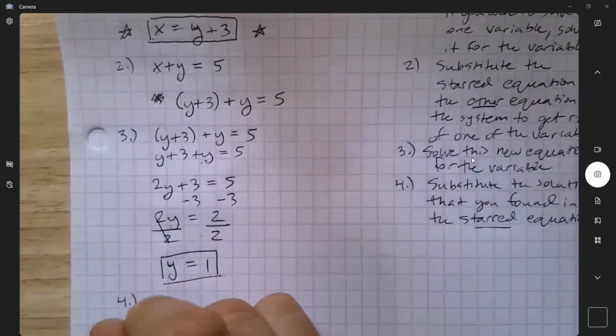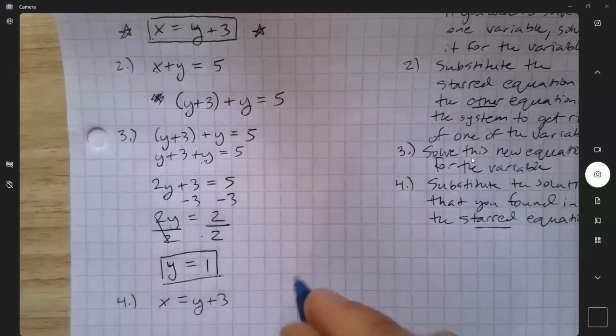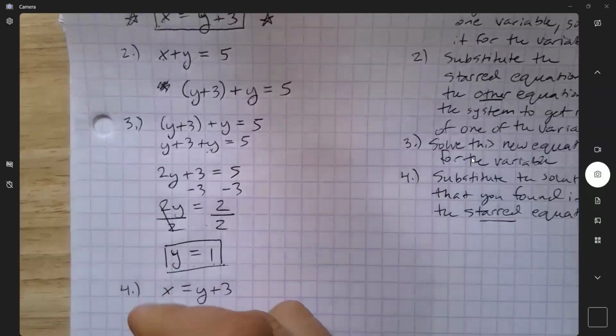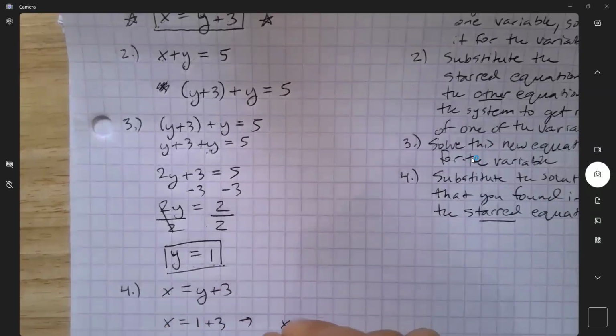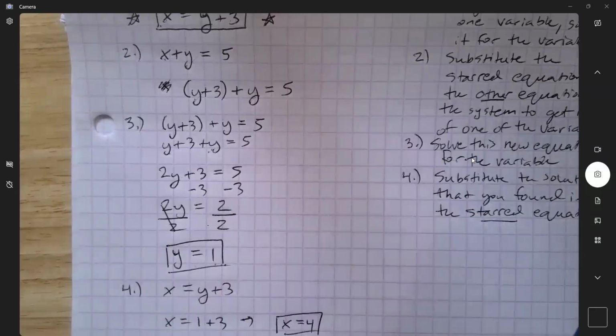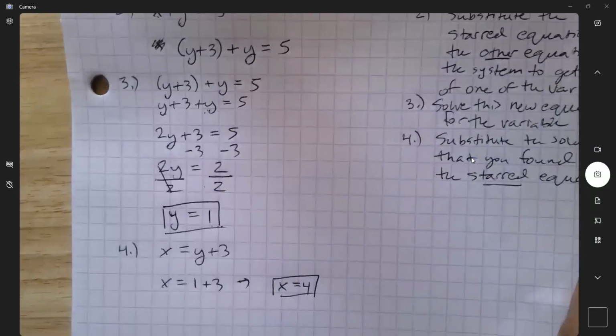I had x equals y plus 3, but I know that y equals 1, so that must mean x equals 1 plus 3, so x equals 4. And there's my other solution.